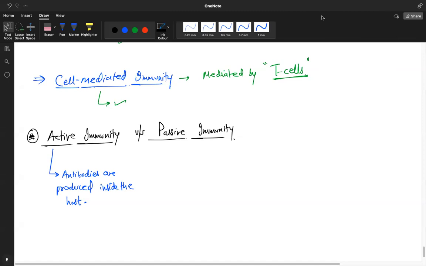So even if it is slow, we are not at any loss. Once our body has made antibodies by looking at this dead attenuated virus or pathogen, next time if the real pathogen attacks, if the real infection happens, what will happen?